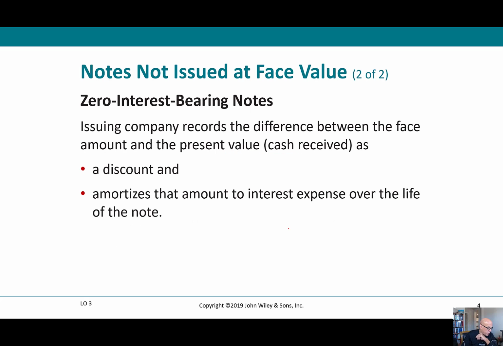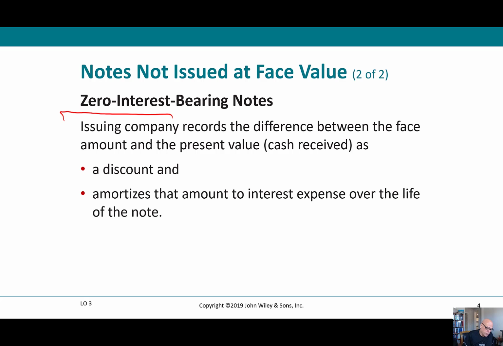Now, when we look here, we could have 0 interest-bearing notes. And when the interest rate is 0, that does not mean that the entity is not charging you interest. It simply means that they haven't stated a rate, but there will be a rate associated with that note, and we're going to have to sort of back into what that rate is, determining on how much money we're lent, and therefore that will determine the present value of that note.